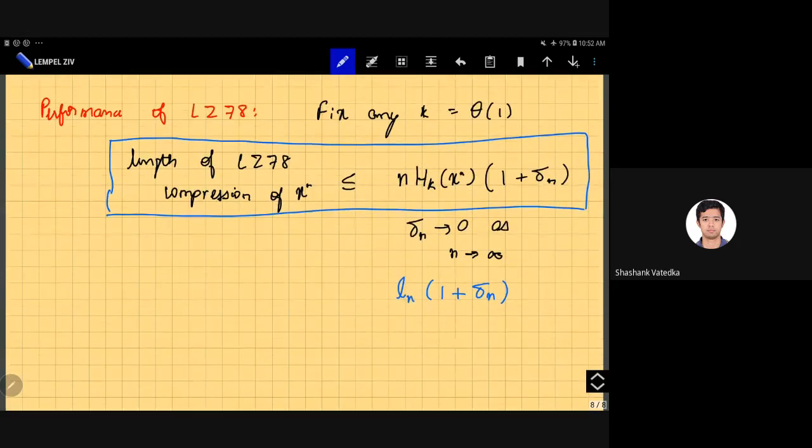So suppose that I have a parsing scheme which partitions the sequence into phrases such that each phrase is distinct.